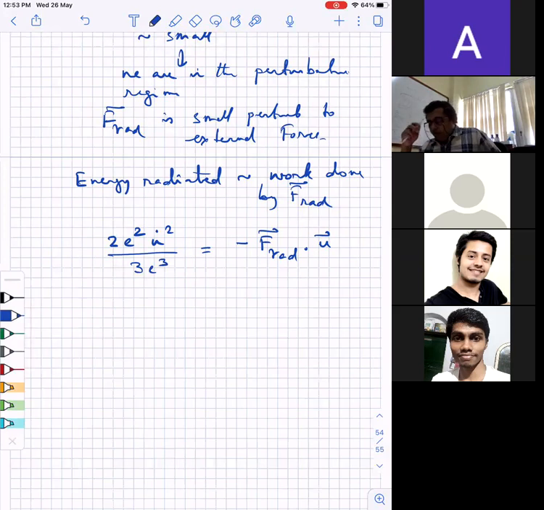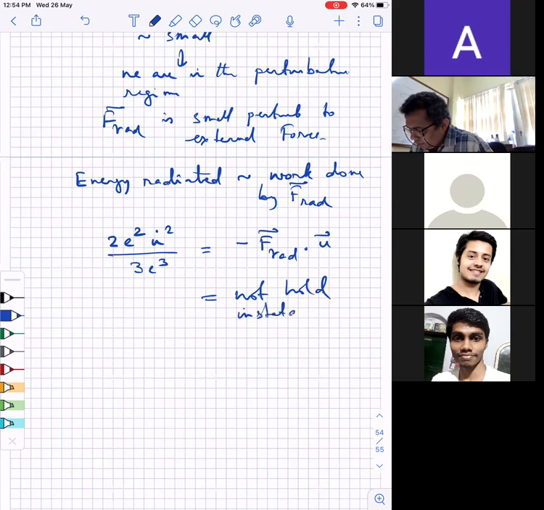One should also understand that this equation does not hold instantaneously, because then I can always change to a frame where u is 0 and this will not hold.